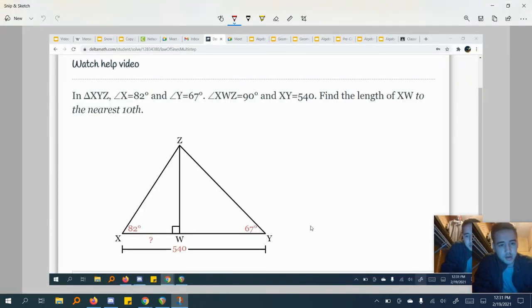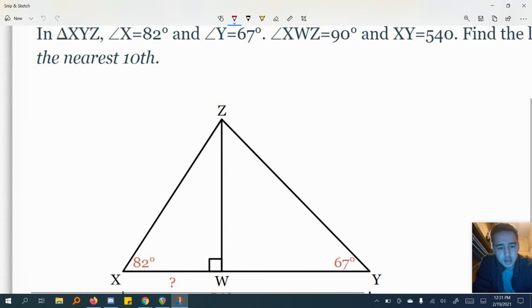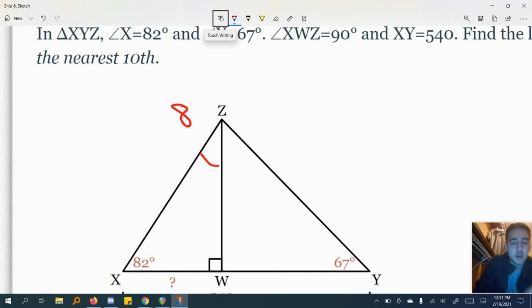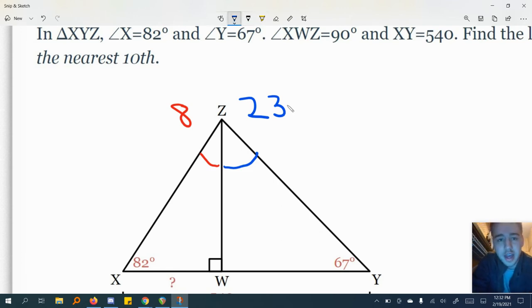So we are going to plug in the angles. 90 and 82 leaves an 8-degree angle up here. And that's going to be the red one. Our blue angle up here, 90 and 67 leave a 23-degree angle up here. And we know that the bottom angle, since it's half a straight line, is also a 90-degree angle.